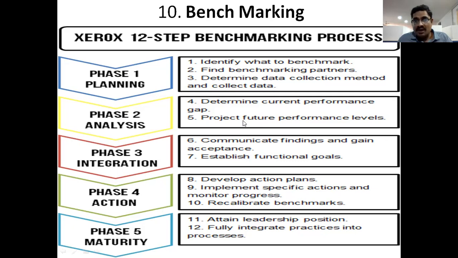To fill this gap and achieve these future performance levels, we need to establish functional goals. Based upon these functional goals, we should develop the action plans, and we should implement these action plans, right? And we need to check our progress.